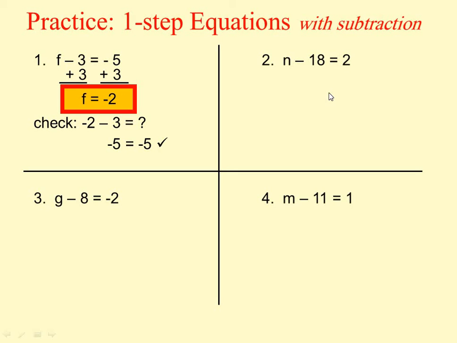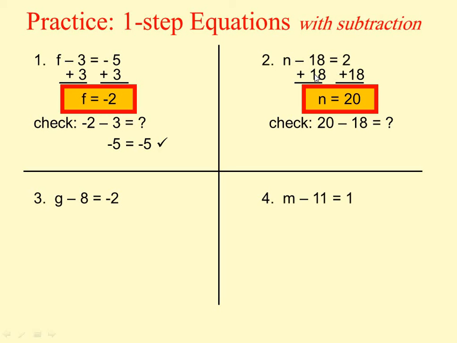Now here, the operation done is that I subtract 18 from n, so the inverse operation is adding, so I add 18 and the answer is n equals 20. Then I check, yes, by substituting or plugging in 20 instead of n and find the answer which is correct.